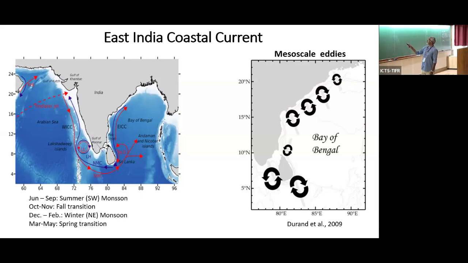These eddies are rotating in either anticyclonic or cyclonic direction, and it is these mesoscale eddies moving one after the other that constitute the East India Coastal Current. This has been looked at by altimeter data, which has its own benefits and disadvantages, but there hasn't been much data to document this completely.